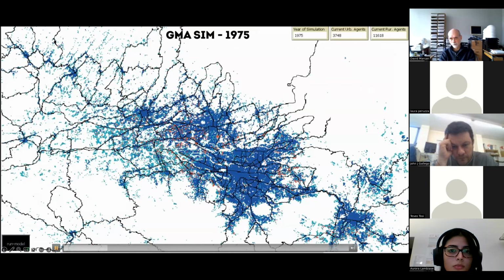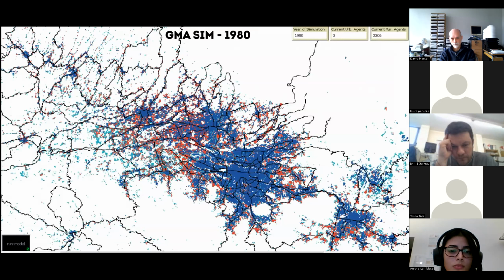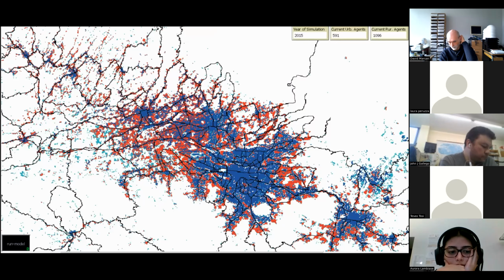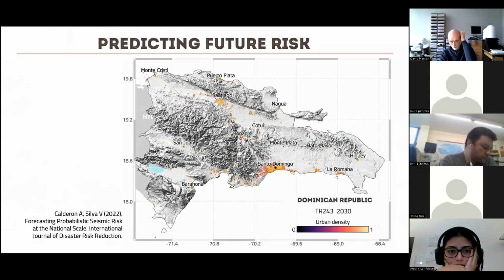And the model is learning how the city expanded throughout the last 40 years, okay? If we learn how the city has been expanding in the last 40 years, then I can do some extrapolations, okay? I learned from the past, and this is, for example, for the Dominican Republic. What do I expect to happen in the next years, okay? Look at the year here at the bottom, okay? The years are increasing, okay? We're going to start again, 15, 20, 25, 30, okay? And we see here how the cities are expanding.